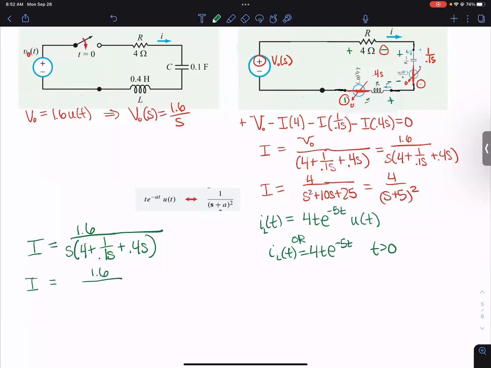So I multiply first the S into parentheses. So it'd be 4S, 1 over 0.1. And then I want to get an S squared by itself. So I'm going to pull out the 0.4 that's in front of the S squared.